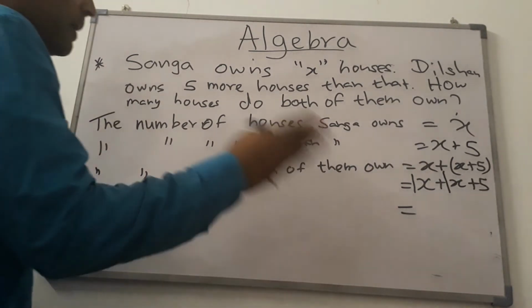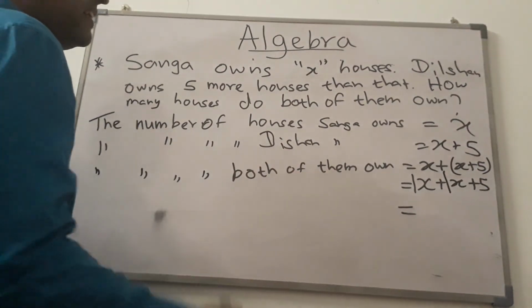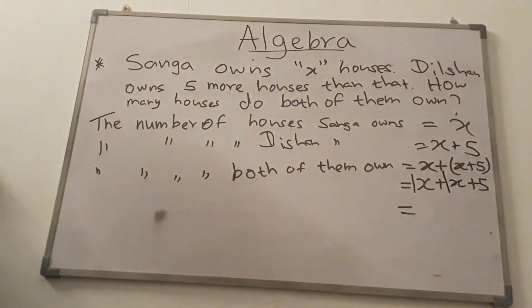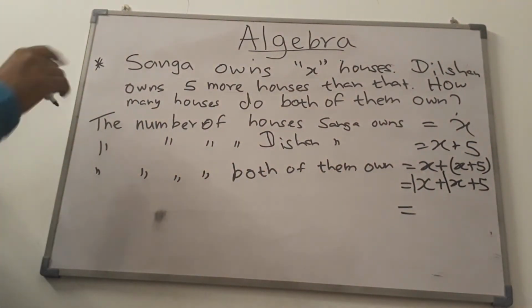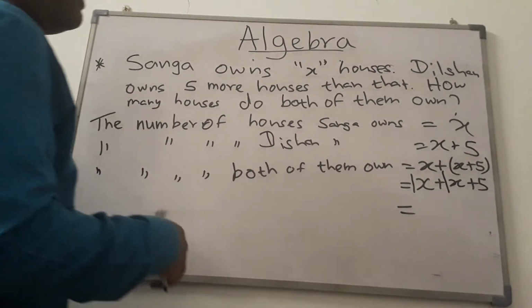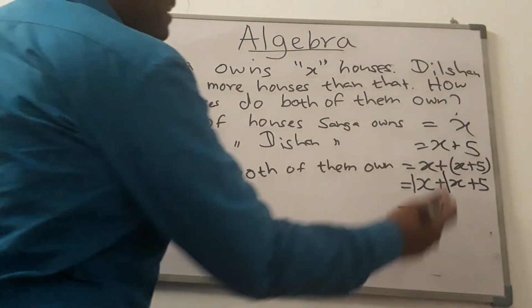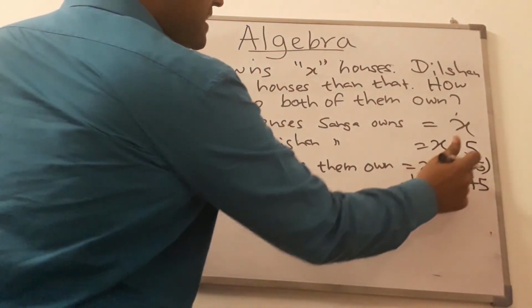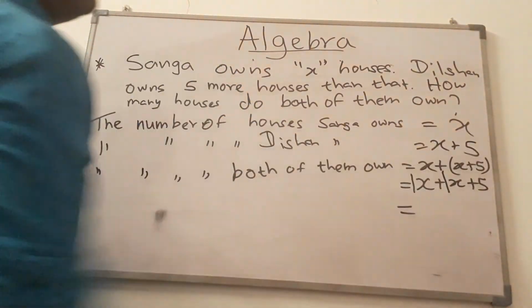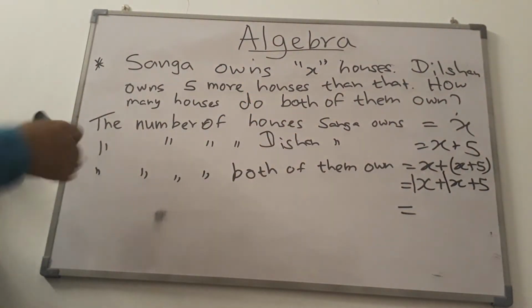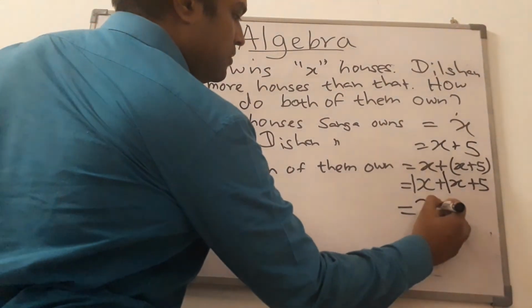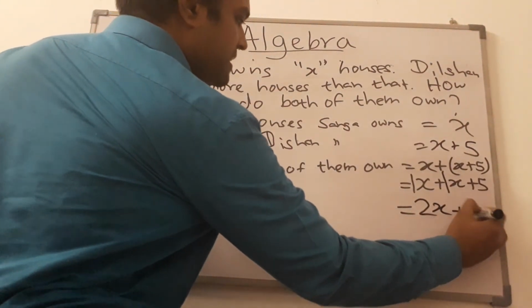But when there is no number or coefficient in front of x, the number in front of x is 1. x means 1x, y means 1y. Likewise here x means 1x, and this x also means 1x, plus 5. 1x and 1x all together is 2x plus 5.